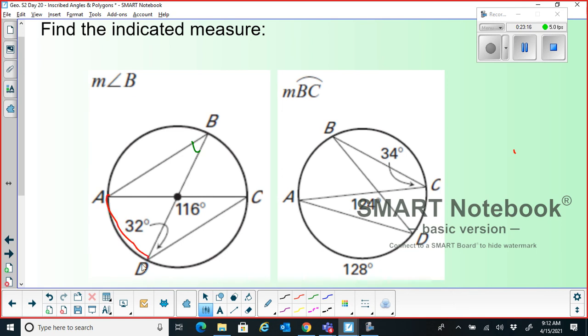Do I have the measure of this? I don't. So this is my first question mark. Then do I have the central angle? Once again, I do not have the central angle. So this is also a question mark.